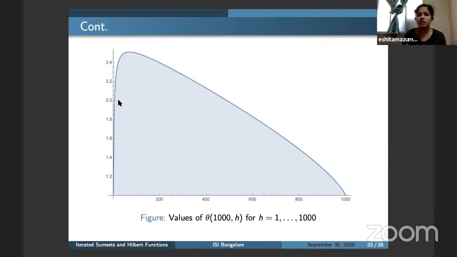In particular, for larger values of x as well, if I consider the h coordinate to be half of x, then with high probability its value will lie near 2.